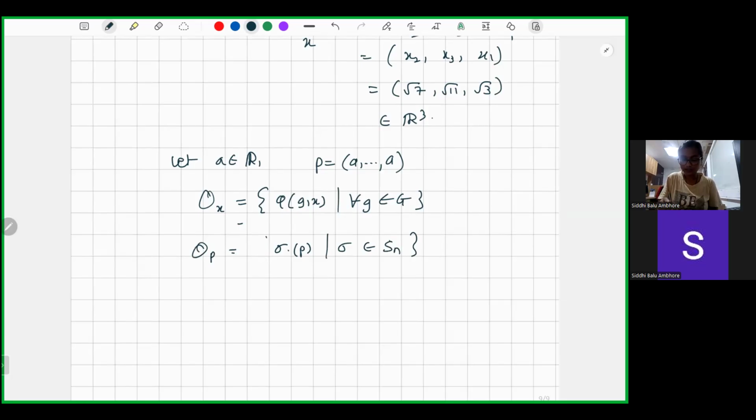We have to find how many elements are possible here.